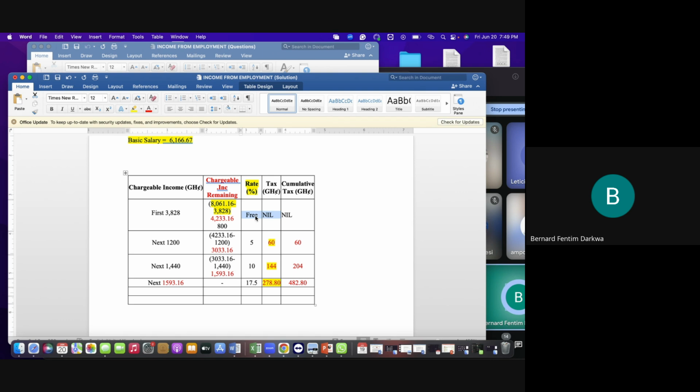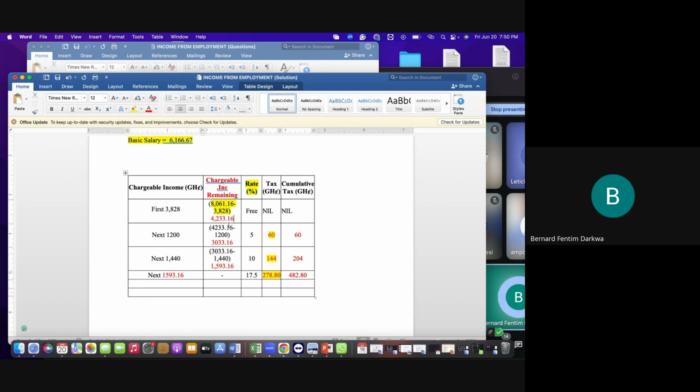Now, once you take the first one, you have to always remember the balance left, because it's the balance that you are going to use to work. So now, when you take 3,822 from the salary income, we are left with 4,233. This is the amount left that will go to the next band. So the next one, we take the next 1,200. The table will tell you how to apply.